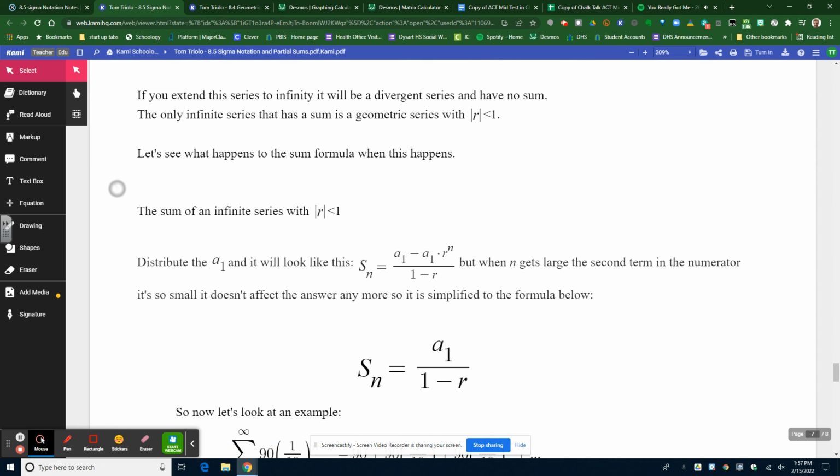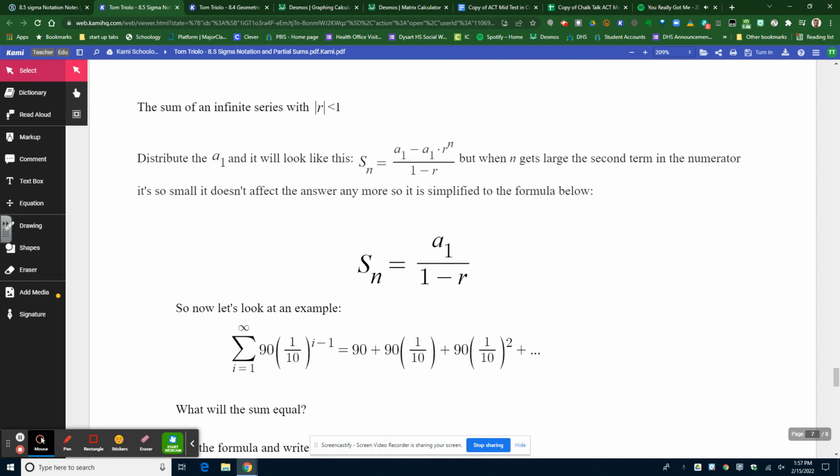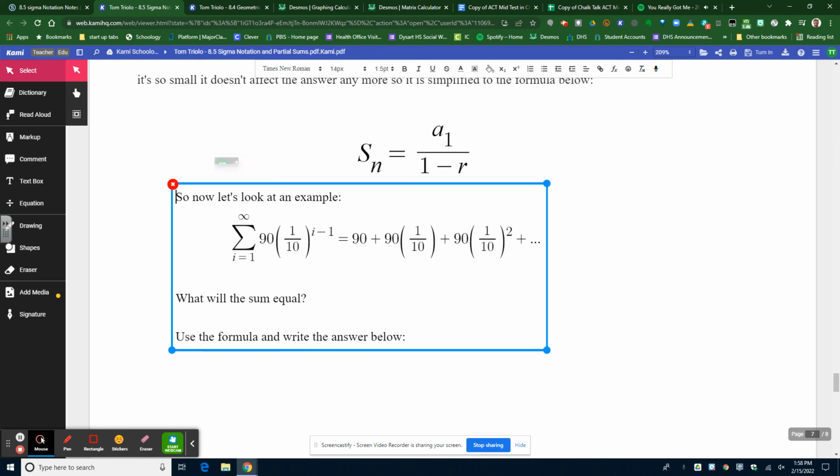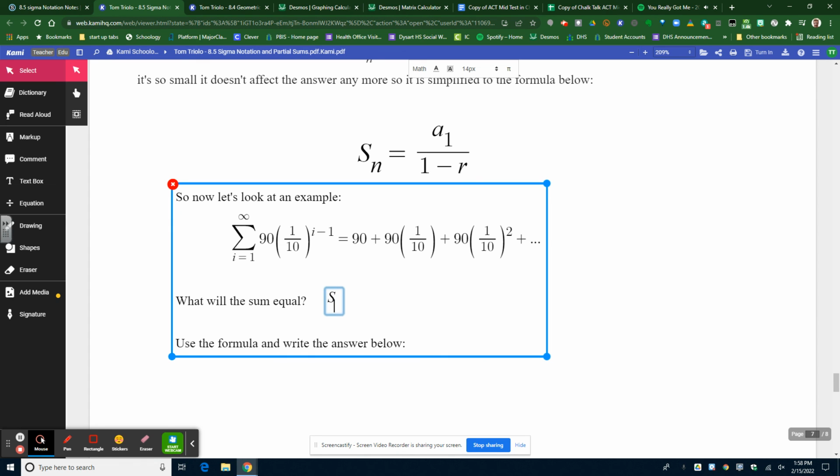Okay. And then here is, I just think this is kind of cool. If you have a series that goes on forever, it still has a convergent number. Got that, Matthew? A series that goes on forever, but still gets one number. So let's take a look at this. We're starting with what number? 90. Okay, so I'm going to use my formula right here. What's my subscript if this is an infinite number of numbers?